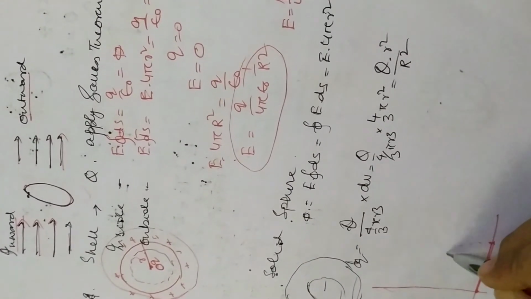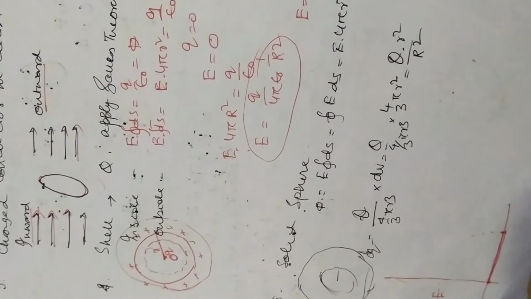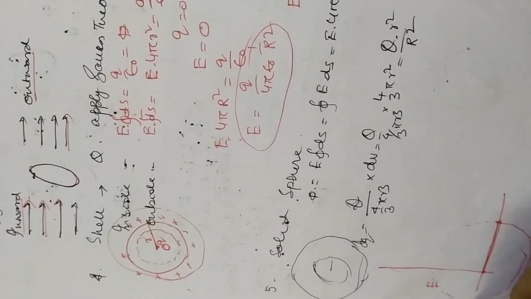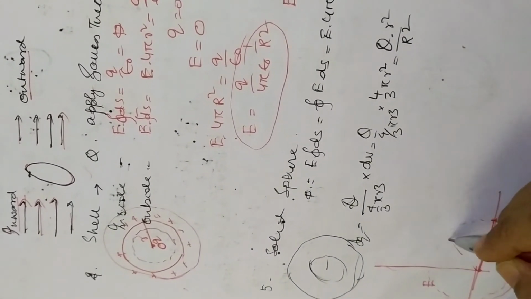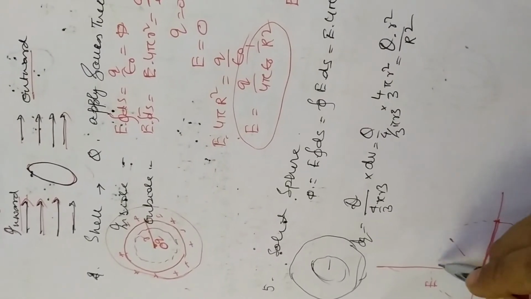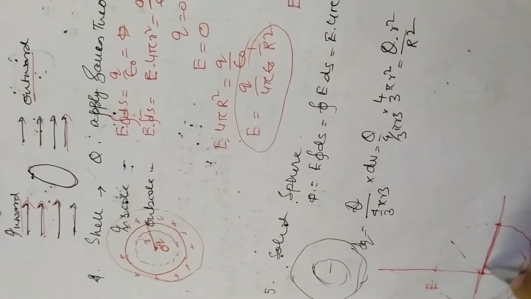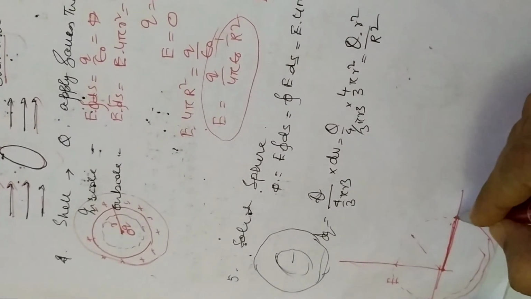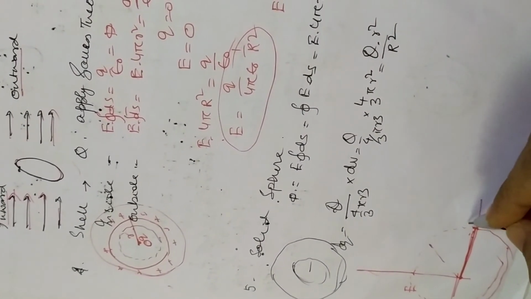Then we will draw the sphere like this, and up to this point E is always 0. From this place E starts rising.